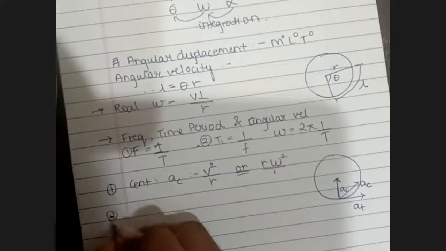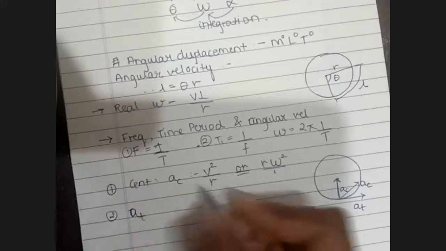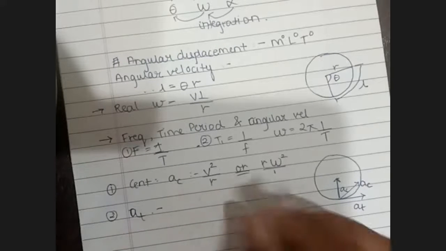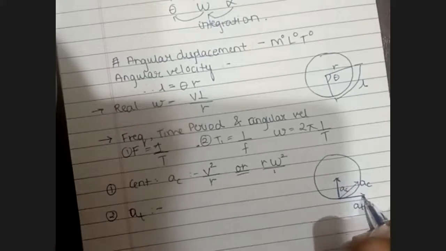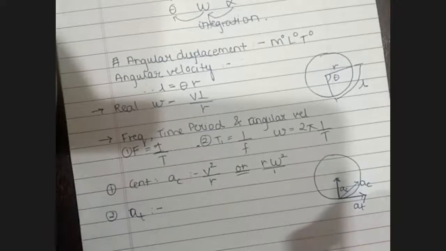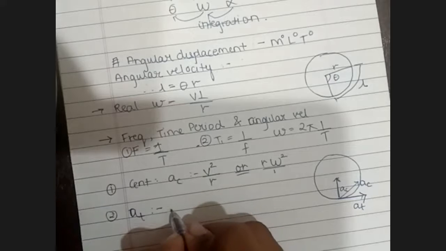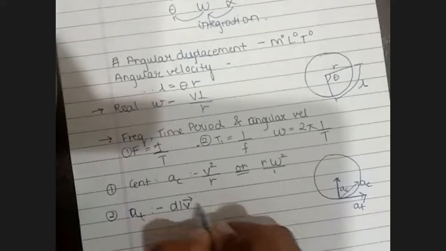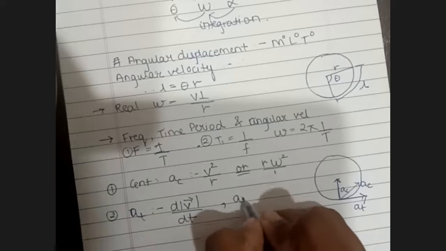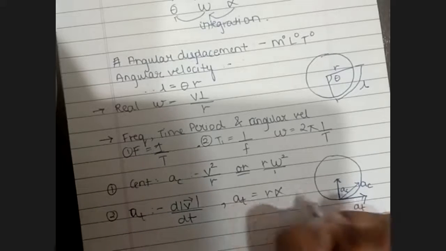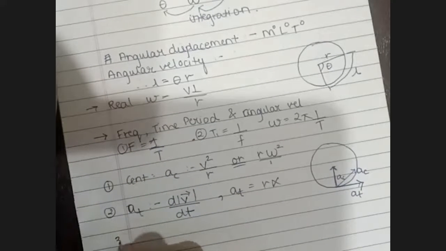Now, the second one is tangential acceleration, which changes the magnitude of velocity and which is always tangential to the circle. Its formula is this, and also r into angular acceleration.